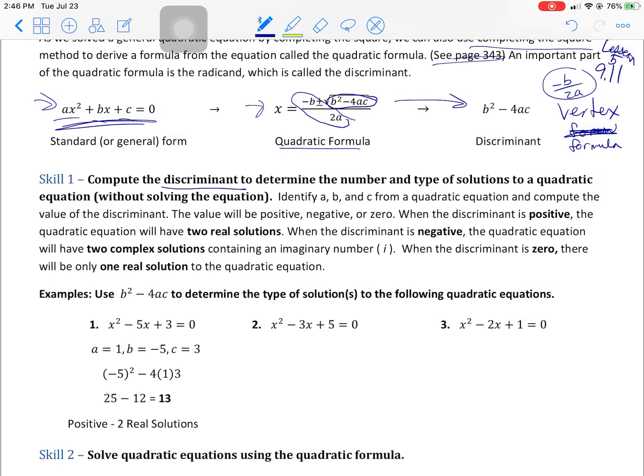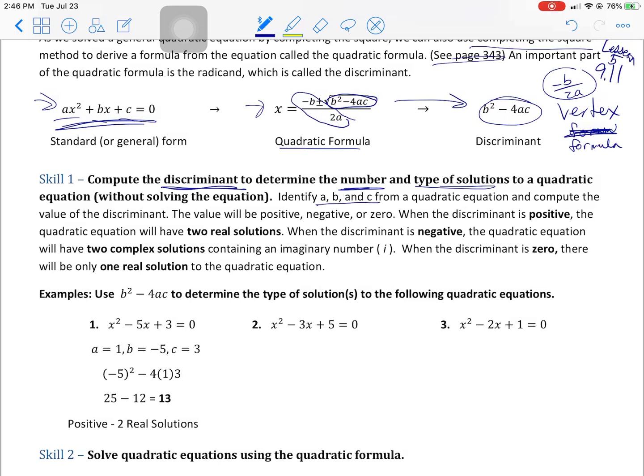Remember, in some parts of this unit, you've had one answer solution. Sometimes you have two. Sometimes you have to check for things. If you put your quadratic in the quadratic formula and calculate out just the discriminant, you can find out how many solutions you have, and what type of solutions they are, okay?